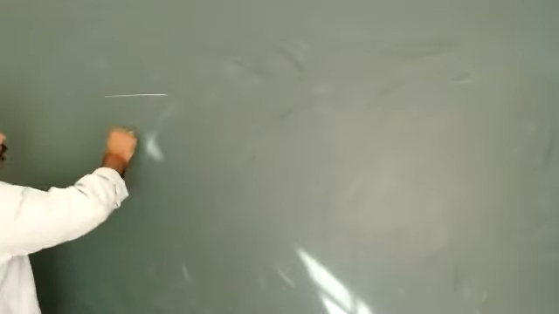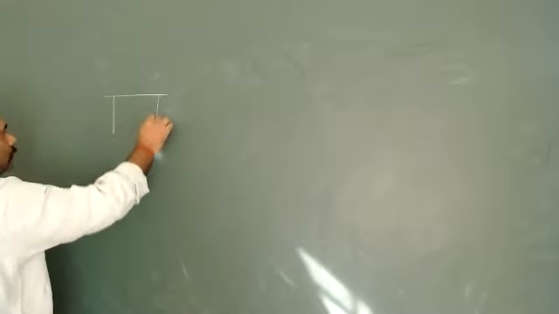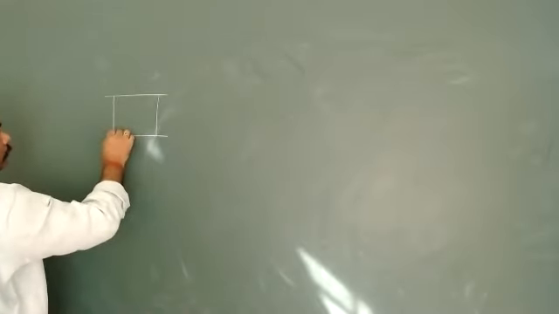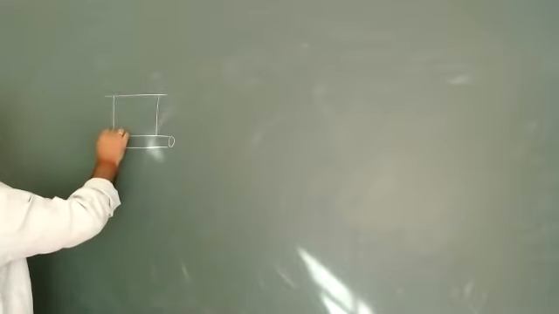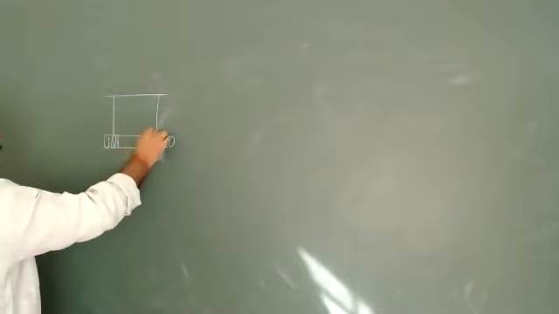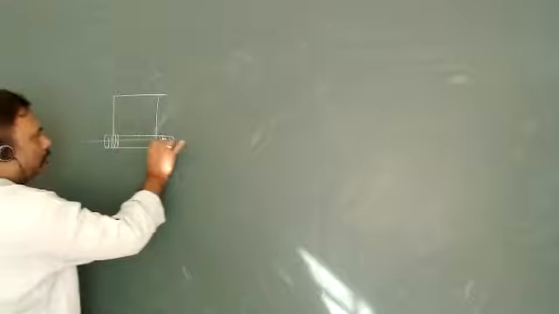Chalo. So this is a cylinder, and this cylinder is rolling about its own axis, and it can go downward.